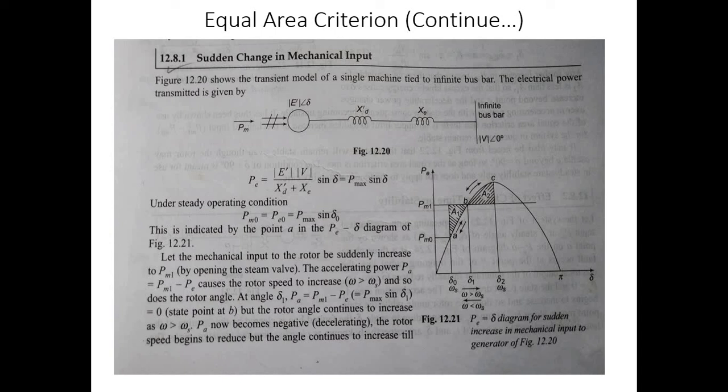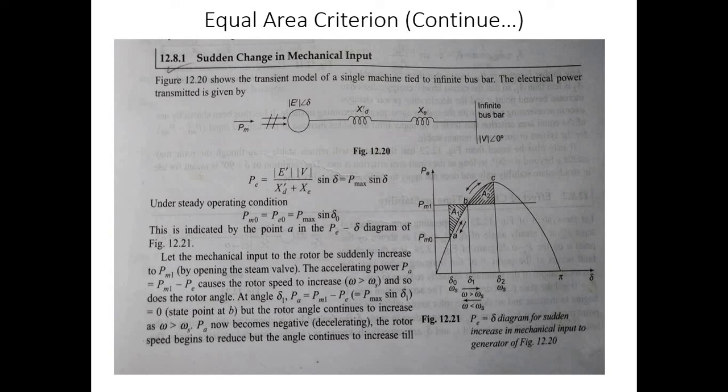So the rotor angle at point del 1 will be shifted from del 0. At angle del 1, the accelerating power Pa is equal to PM1 minus P max into sin del 1, that is the new rotor angle, and it is equal to 0 as per the stability condition.